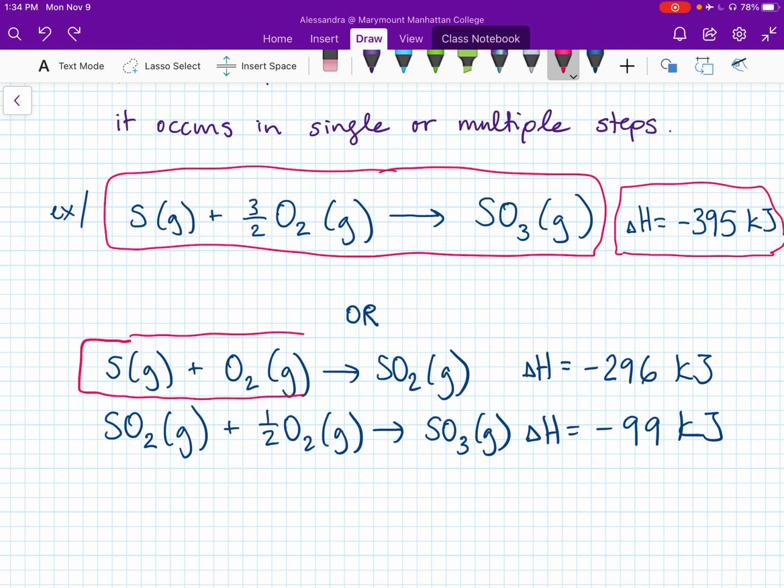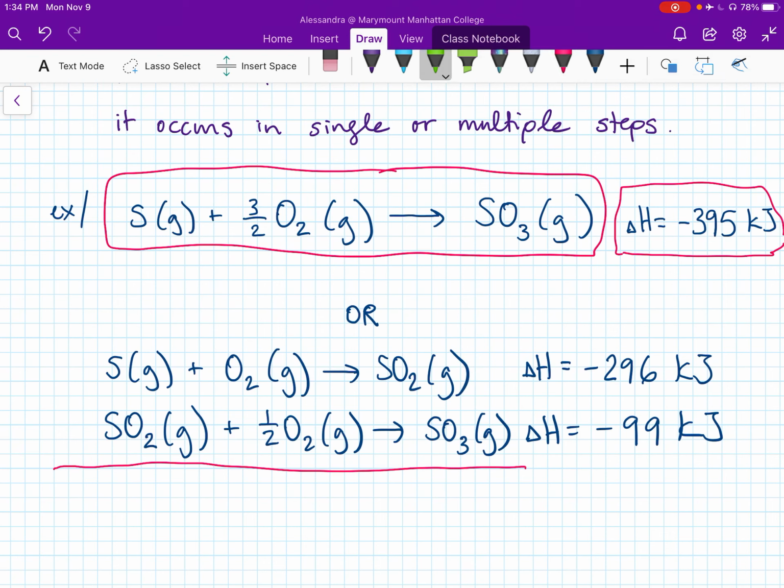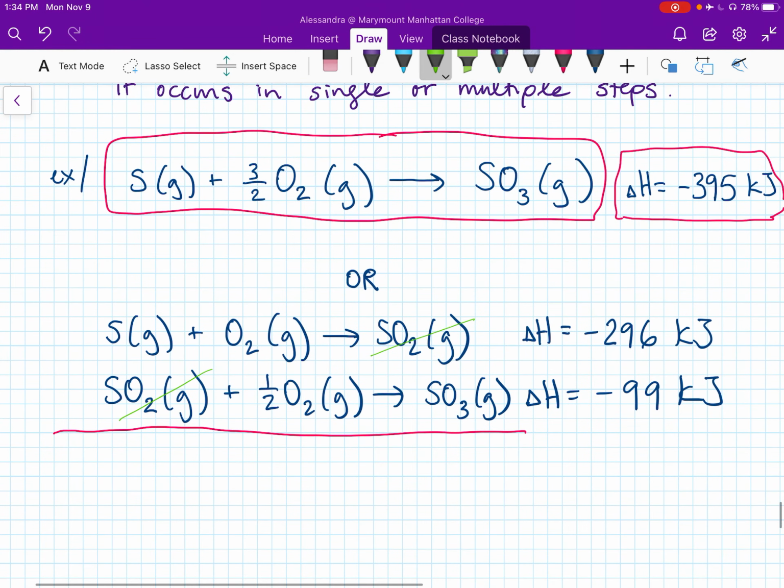So if we look at those two reactions and add them together, we can cancel out species that are the same on opposite sides of the reaction. So the sulfur dioxide molecule, being a reactant in one and a product in the other, can cancel out.